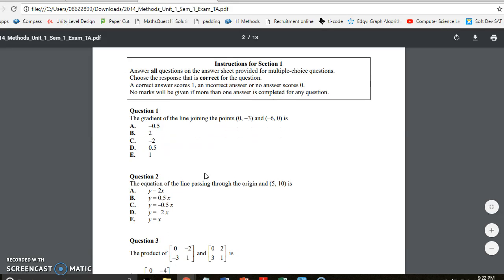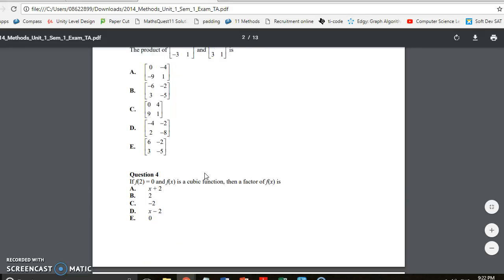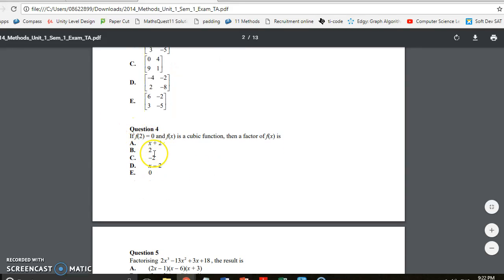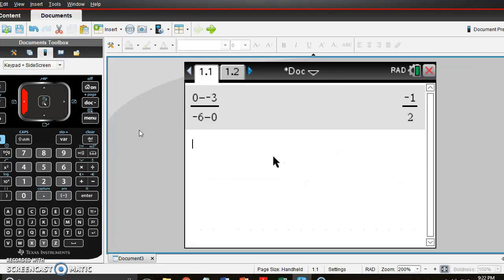Okay, let's move on to question 4. If f(2) equals 0 and f(x) is a cubic function, then a factor of f(x) is... so here we're using the factor theorem or the remainder theorem, which says that for a function f(x), if x minus a is a factor of it, then f(a) equals 0.